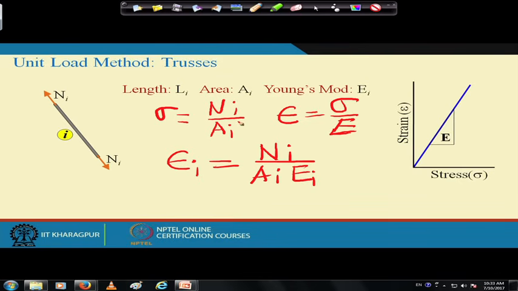Ei. If the strain in this member is Ni by Ai Ei, and the length of the member is Li, then the elongation in member i is equal to this strain multiplied by the length, and this becomes Ni Li divided by Ai Ei.